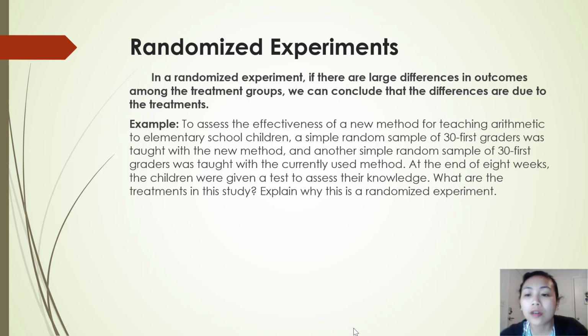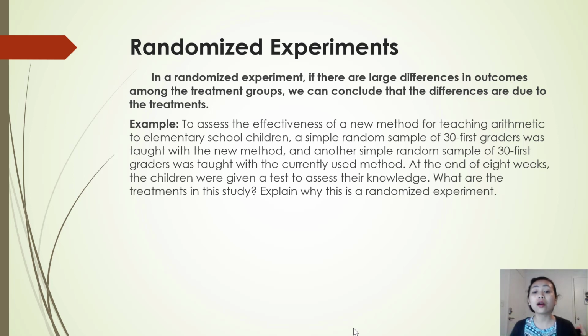Here you see that we have a simple random sample of 31 first graders who were taught with the new method, and another group, so we have two groups. One group is taught with the new method, and one group was taught with the currently used method. After 8 weeks, we give them a test to compare. Here we assign which group will be given the new method and which group will be given the currently used method.